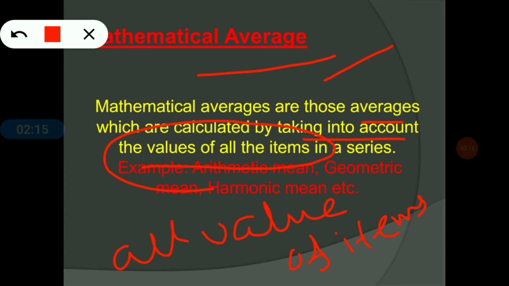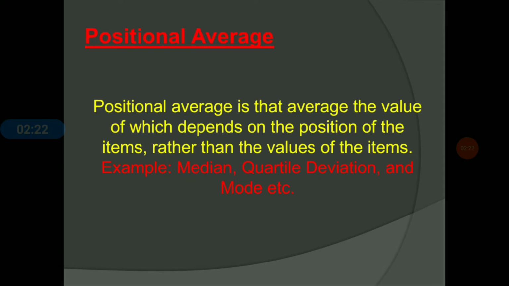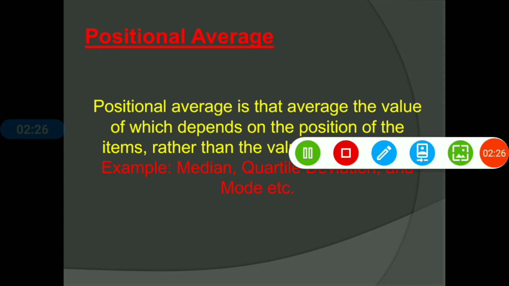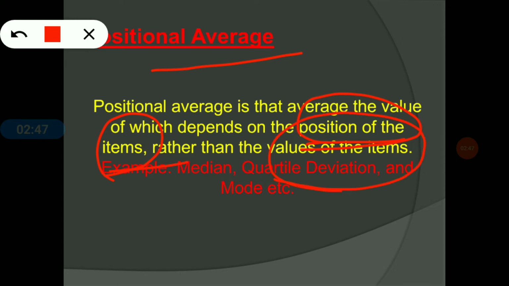Now going to the next slide, where we can discuss what we mean by a positional average. A positional average is the average whose value depends on the position of the items. So there is a basic difference between the mathematical average and the positional average. A positional average indicates the position of the items, and the mathematical average denotes the values of the items in the series.